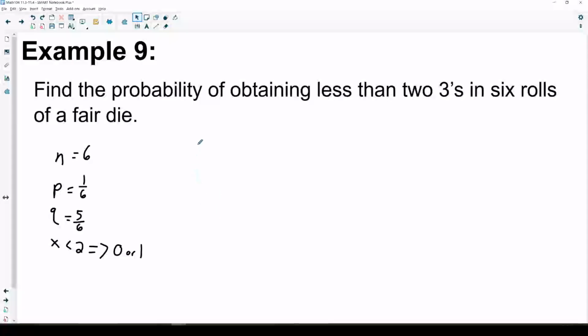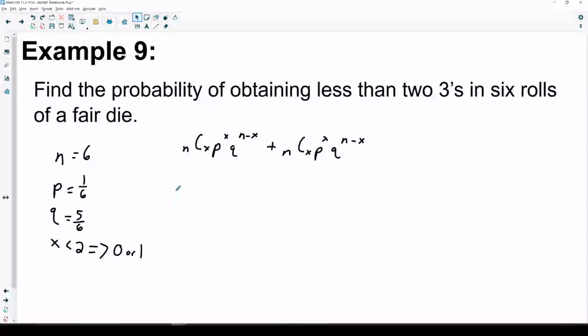All right, well, how do I do that? Well, just like before, I'm going to find my probability of getting 0. It's still n cx times p to the x times q to the n minus x. And then I'm going to add on the possibility of getting 1, which will be another n cx p to the x q to the n minus x.